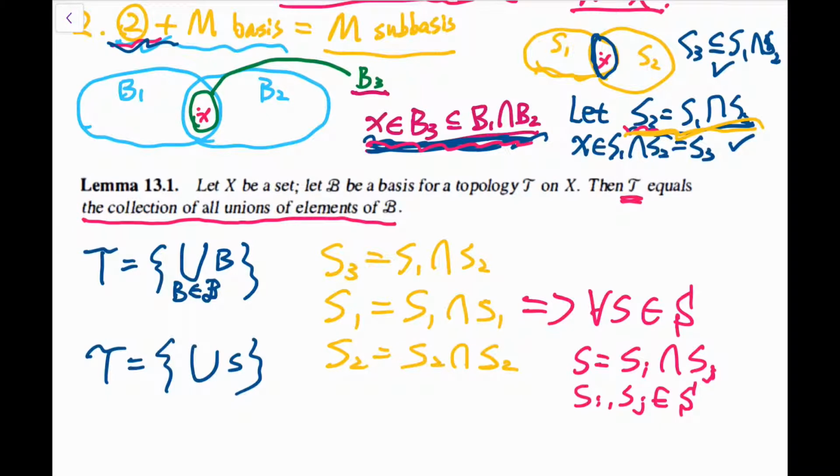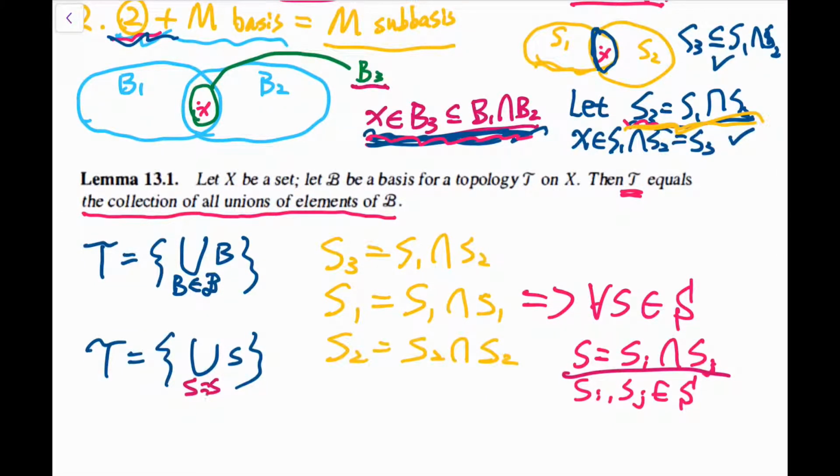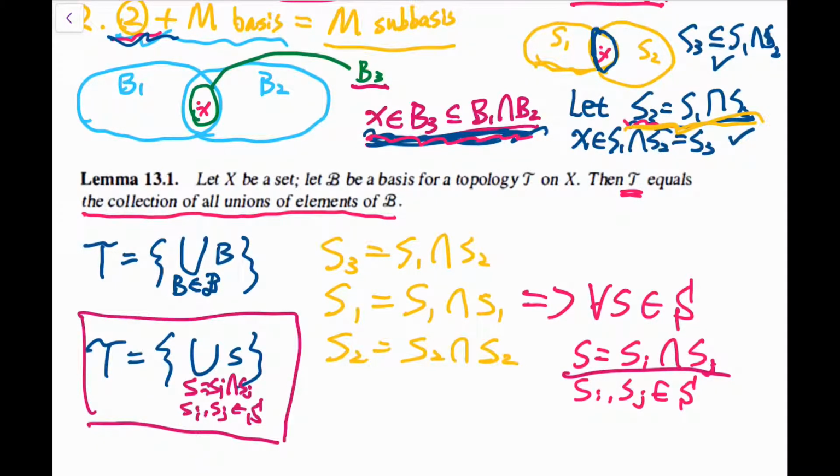S equals Si intersect Sj, where Si and Sj are from S. This is how we generate the topology from the subbasis.